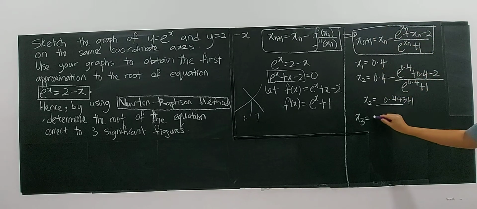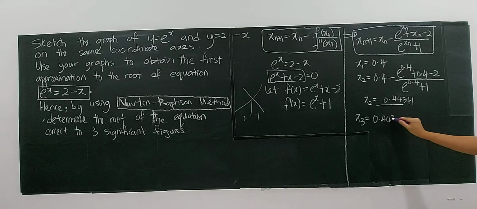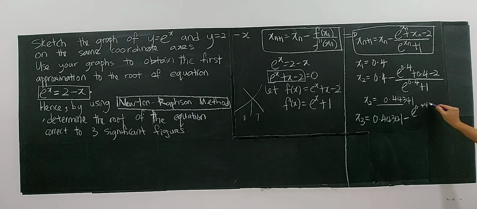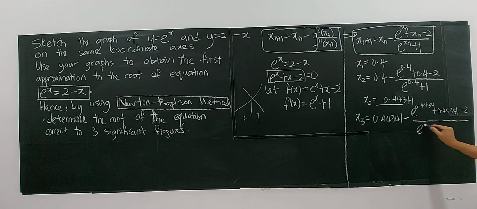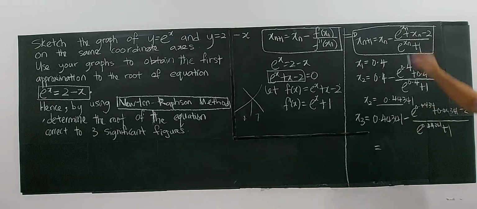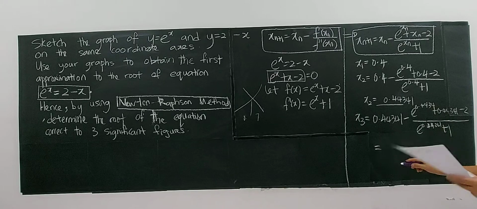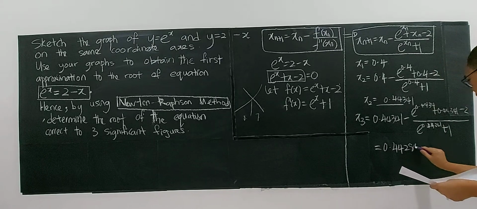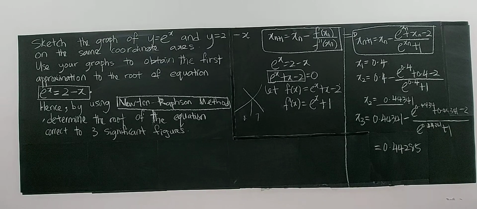So you write 0.44341 minus (e^0.44341 plus 0.44341 minus 2) over (e^0.44341 plus 1), showing that you are using the iteration formula. Then from the result just now, you get 0.44285.